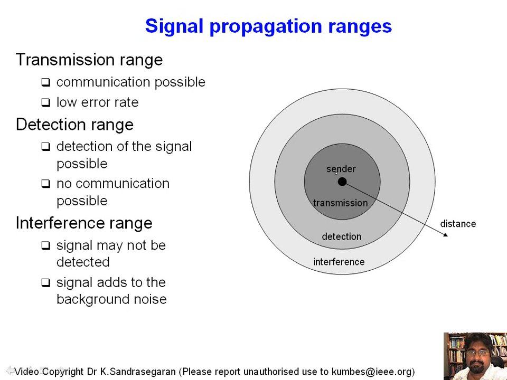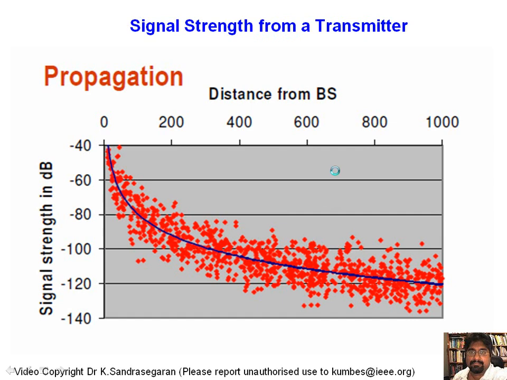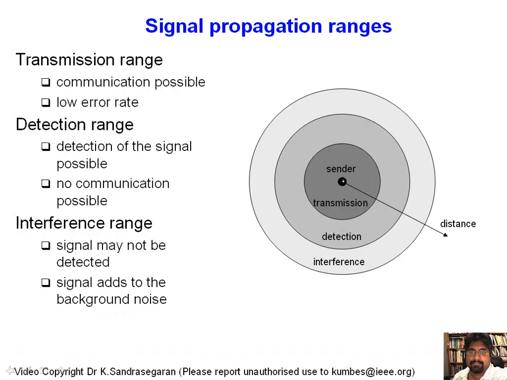Now, when we've got wireless transmission, let's consider the case where we've got a transmitter at the center of this circle here, and imagine that this transmitter is transmitting a signal. We know that the signal strength decreases rapidly with distance.